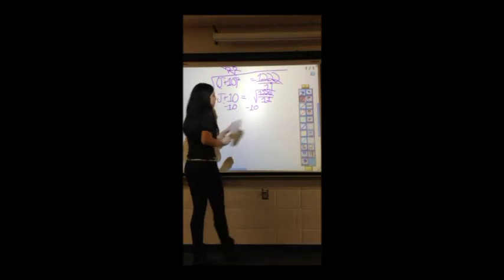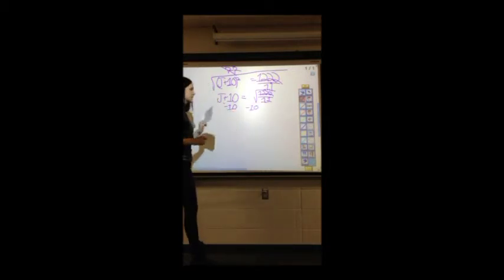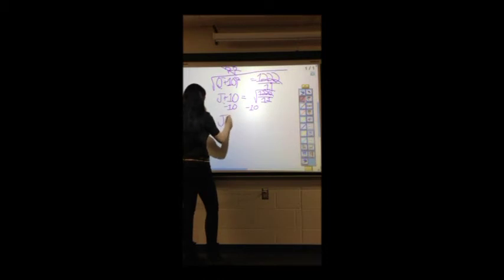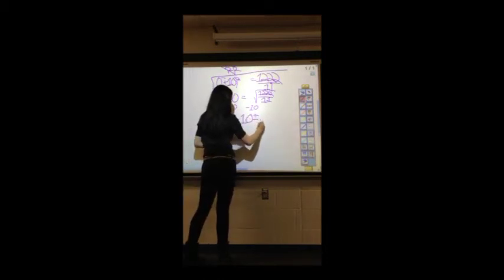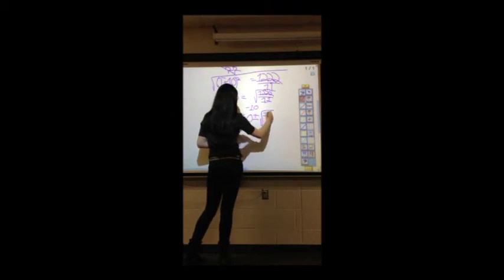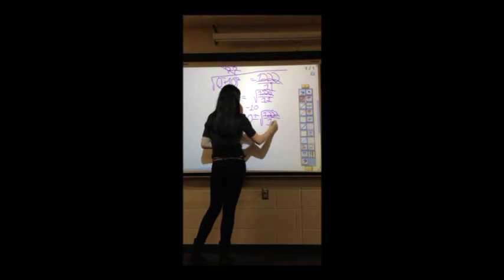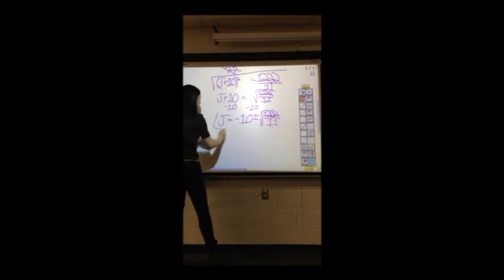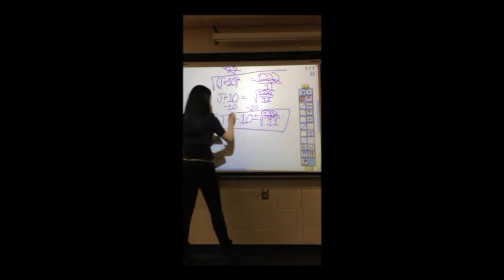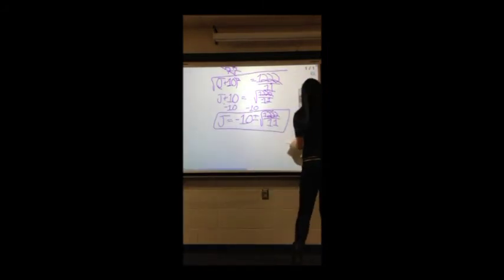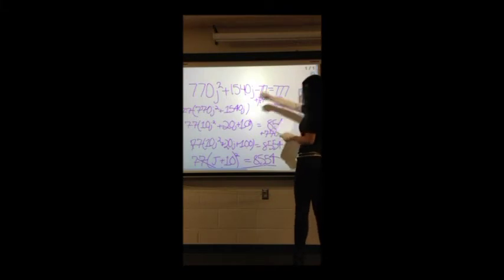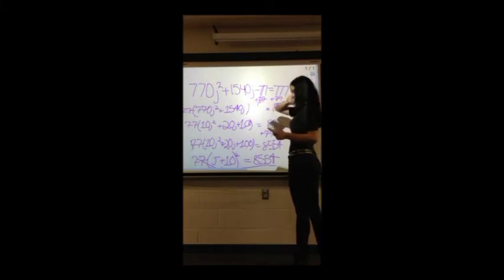But because we don't know if this number is negative or positive, it's plus or minus the square root of 1,222 over 11. And that's what you get for J. And then you can plug this number in the original equation right here, and then it will solve out to get 777.